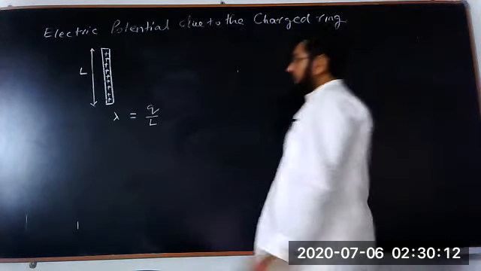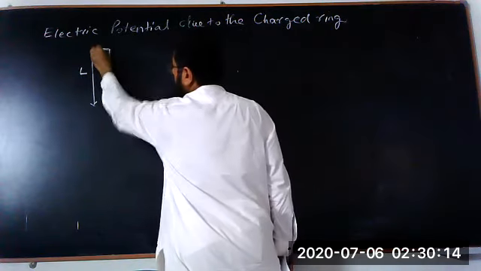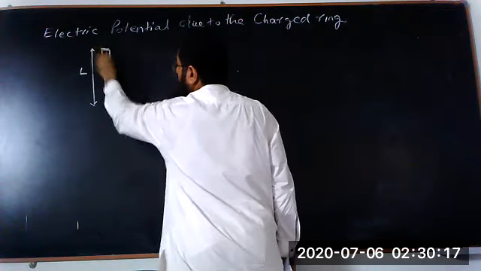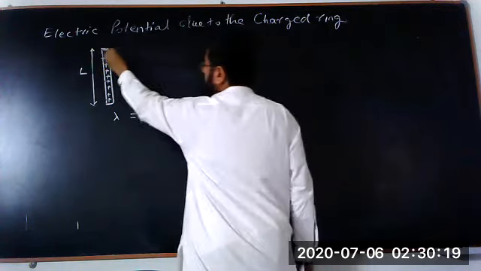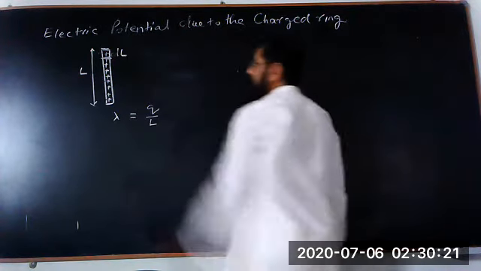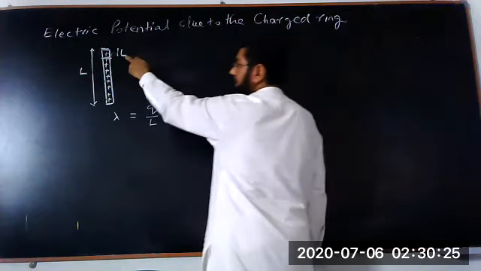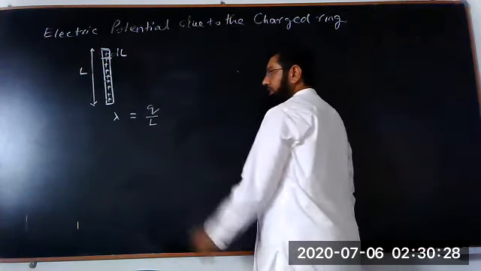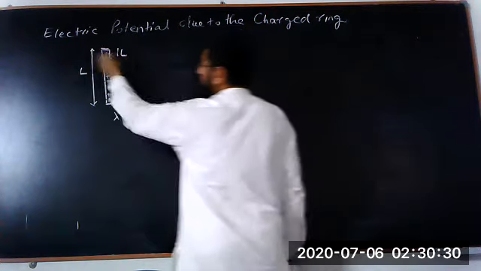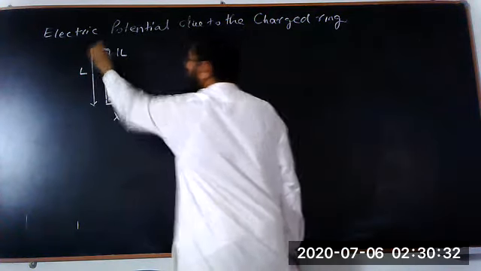तो यहाँ पे अगर मैं ये कहूँ कि ये मैं स्मॉल एलिमेंट ले लेता हूँ, dl is the small element of total length. Now the amount of charges within this small element, we say that this is dq.